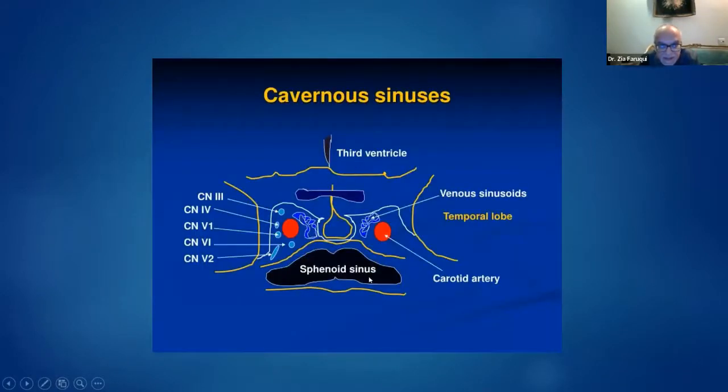So again, here's a diagrammatic representation. This is the carotid artery, third nerve, fourth nerve. The sixth nerve and the internal carotid artery are the medial-most structures in the cavernous sinus. And inferiorly, you have the V1 and the V2 segments, and the V3 segment will pass somewhere over here.